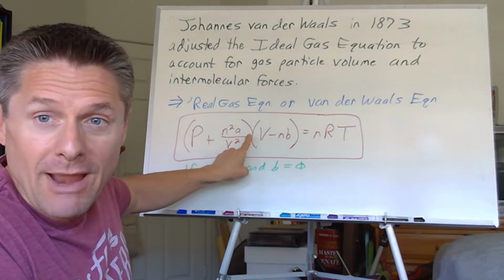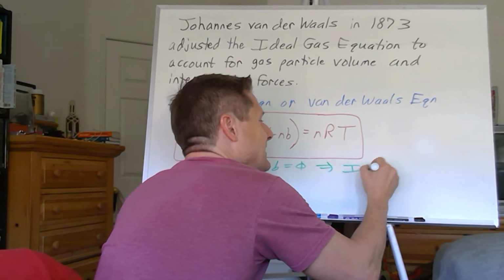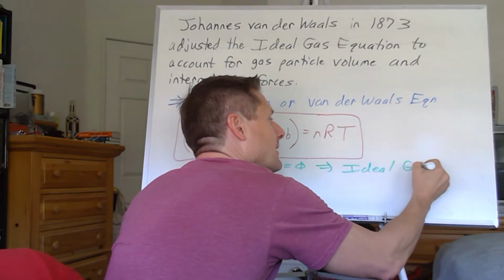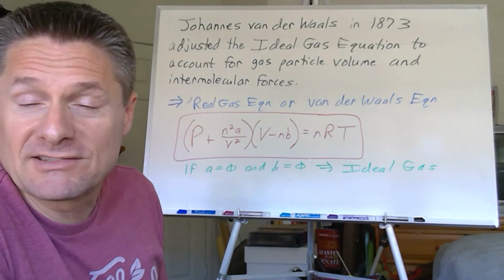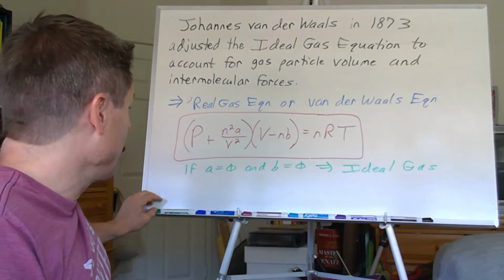You're assuming there's no interactive forces, so a would be 0. We get an ideal gas, right? That's technically what we're doing. We're assuming a and b are 0 for an ideal gas, and that simplifies the math.